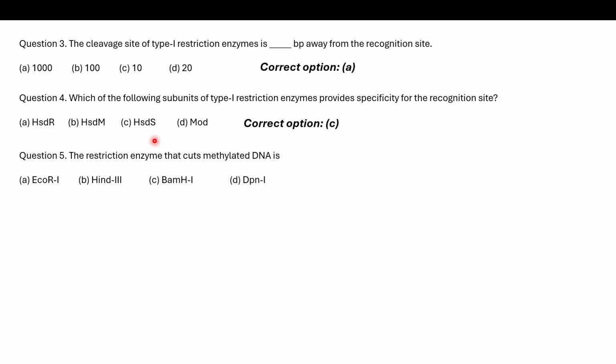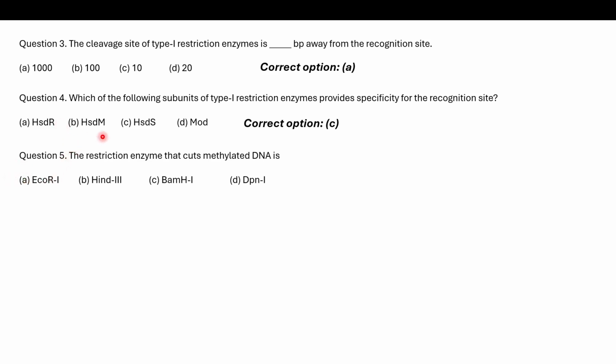Now the restriction enzyme that cuts methylated DNA is, can anyone try it out? So the option is D, because all these ones, like EcoR1, we talked about EcoR1, right?